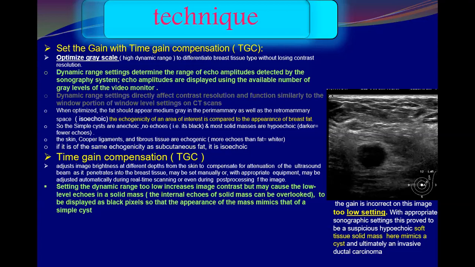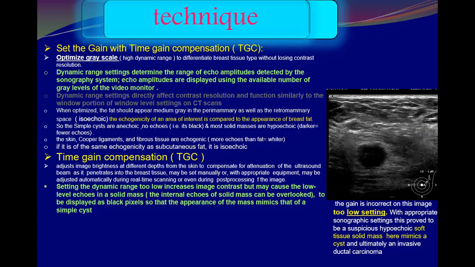If it is higher than the fat, we refer to it as hyperechoic. If it is less than the fat, we say hypoechoic. Most soft tissue or solid lesions are hypoechoic, darker than the fat. If it is black, we say this is anechoic, as in a case of a cyst.